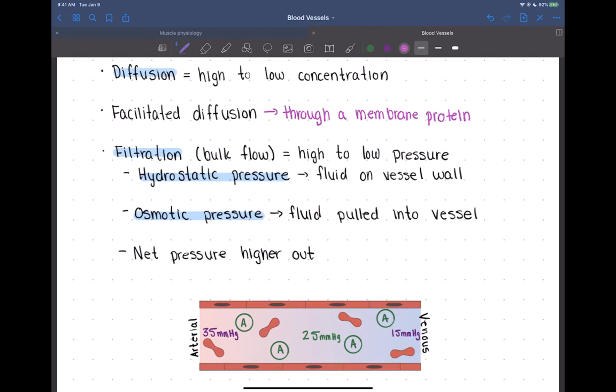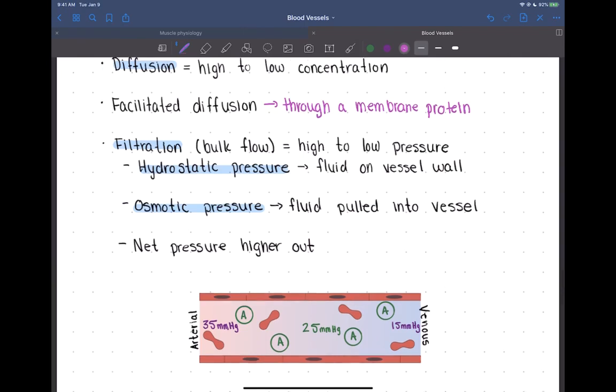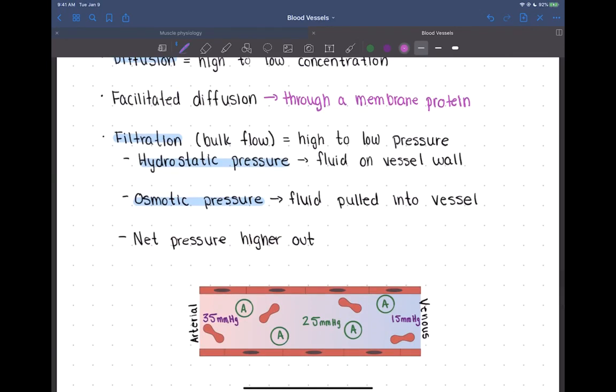So filtration, or sometimes called bulk flow, is moving from high to low pressure. And so this is what we're going to be looking at here in the capillaries. Okay, so fluids are going to move from areas of higher pressure to areas of lower pressure. All right, and so there's two pressures we're going to be talking about. The first one is hydrostatic pressure. All right, this is going to be the pressure of the fluid on the walls of the vessel.